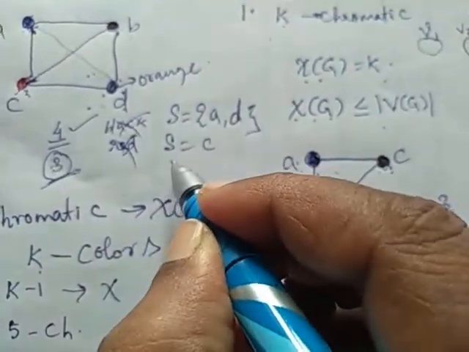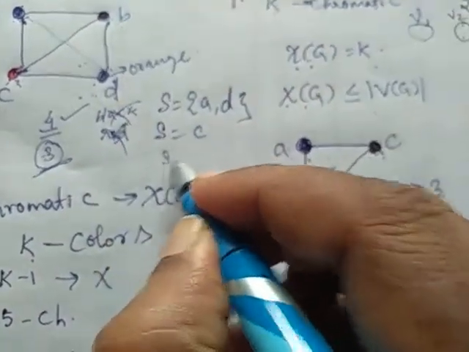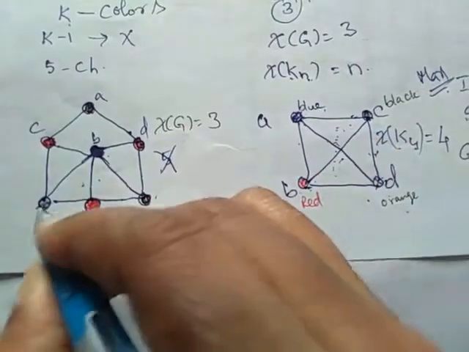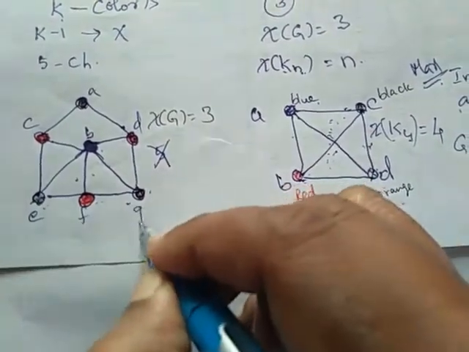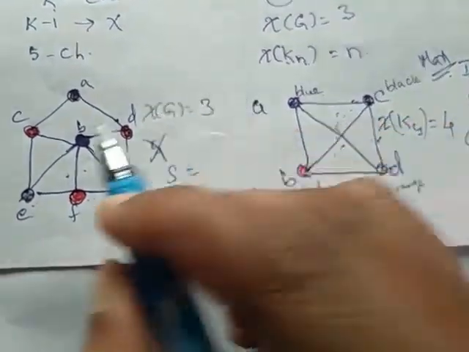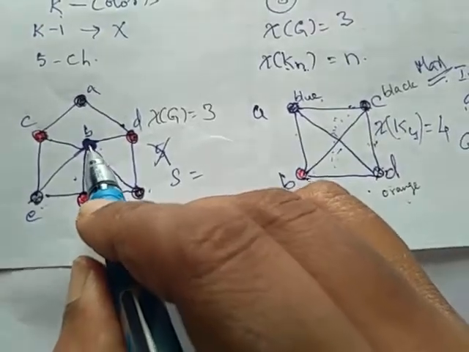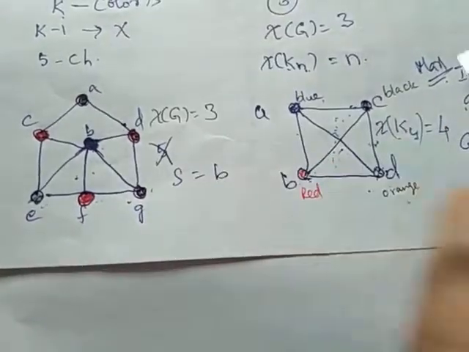C is only one element. In this other graph, if I name the vertices like this, blue is B itself.